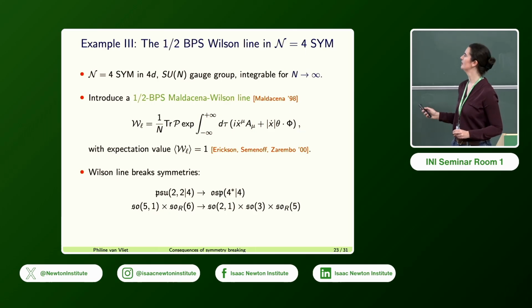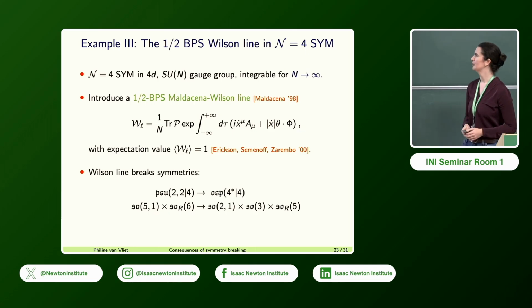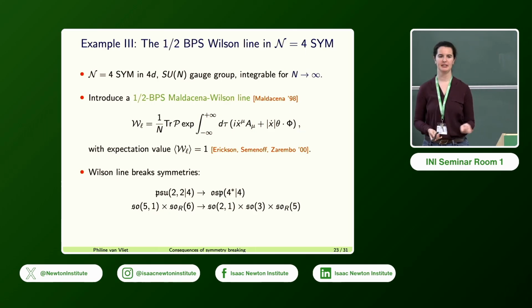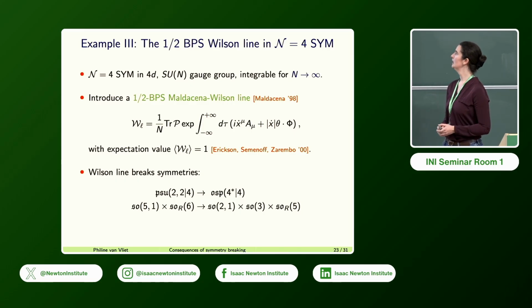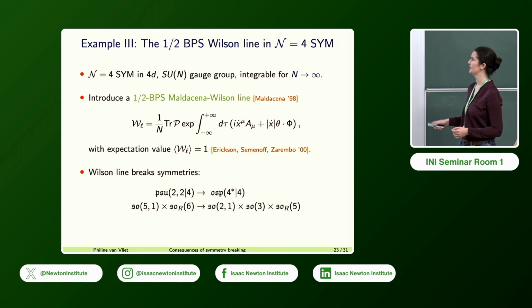Let me skip this because of time, and let's go to the final example, which is going to be the half BPS line defect in N equals 4 super Yang-Mills. This is integrable in the large N limit, and this Wilson line breaks the following supergroup.